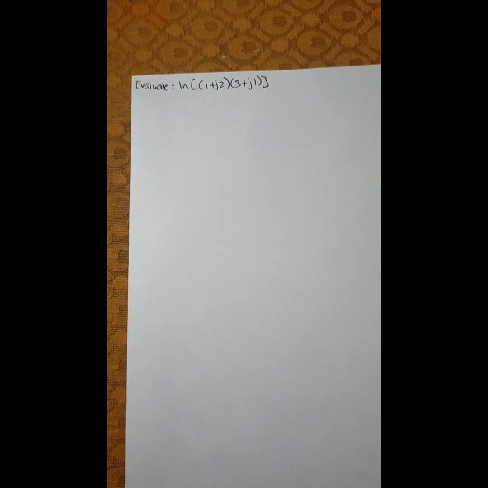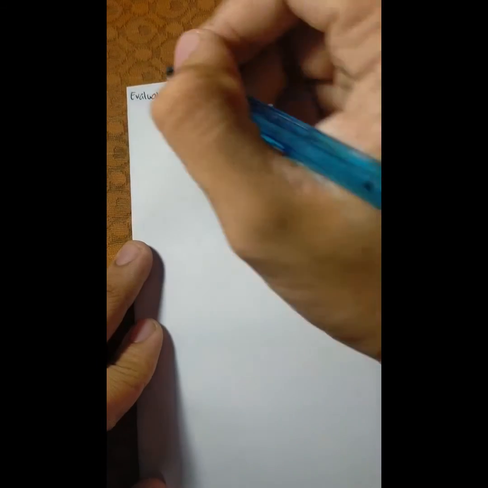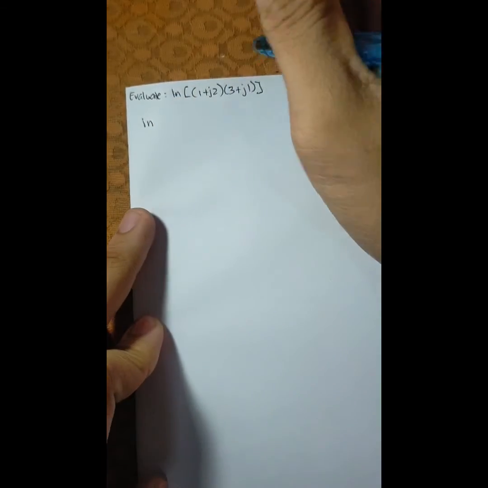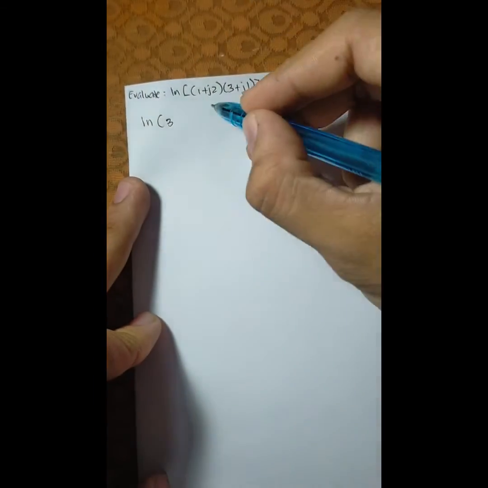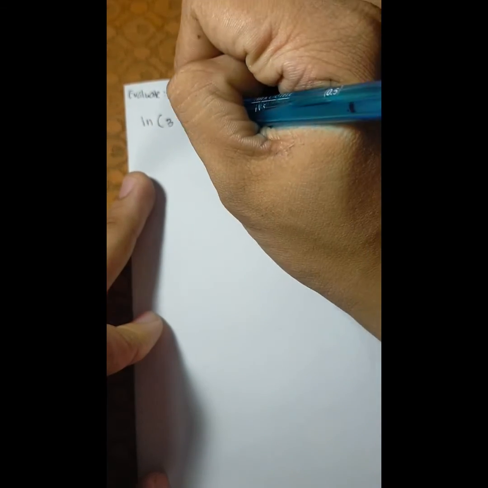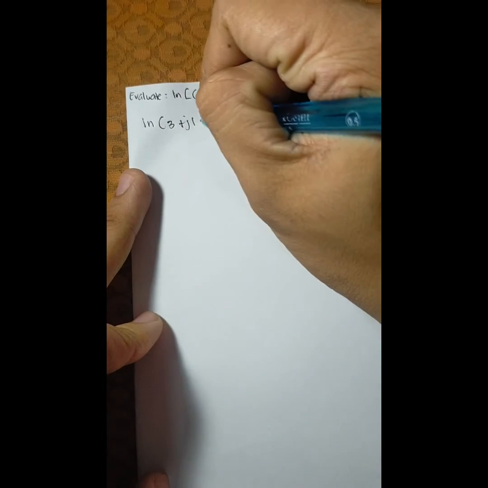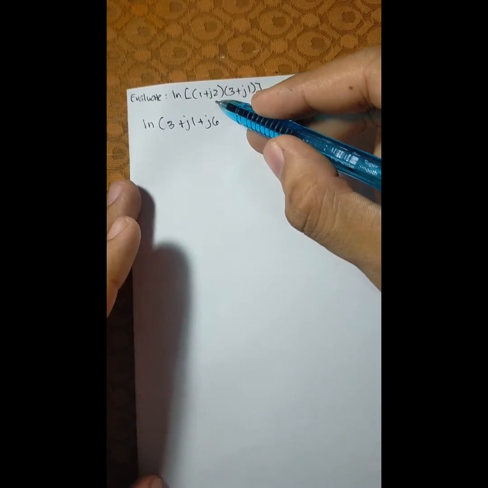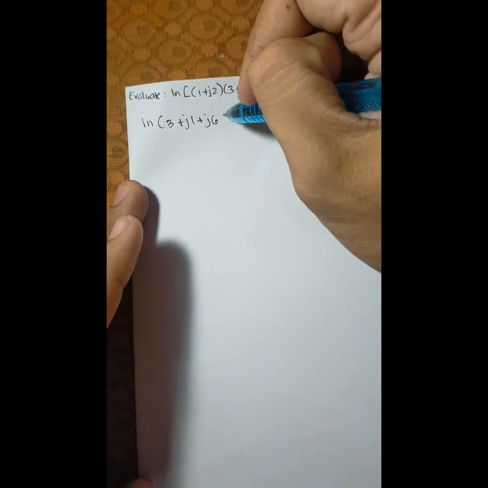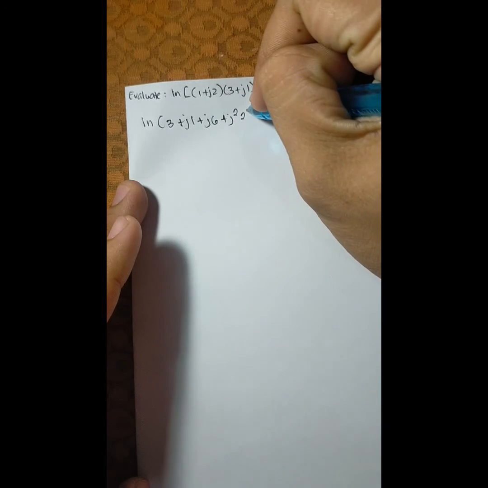In our last problem, we must evaluate ln of (1 + j2) times (3 + j1). So first, we are going to use the FOIL method. So 1 times 3 is 3. 1 times j1 is positive j1. Positive j2 times 3 is positive j6. And positive j2 times positive j1 is equal to positive j squared 2.